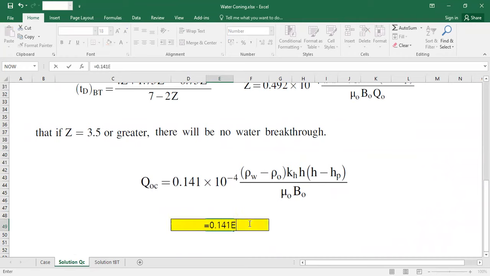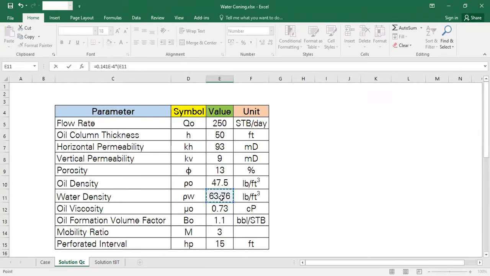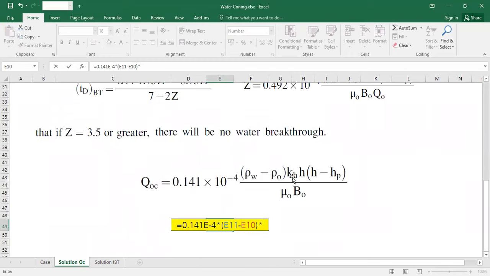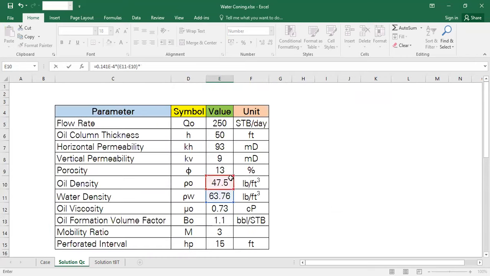0.141 e to the power of minus 4 multiplied by the density difference, water density minus oil density, multiplied by kH, horizontal permeability, multiplied by thickness, multiplied by the difference between thickness and perforated interval. So let's multiply it first with the horizontal permeability and then the oil column thickness and then the gap, the difference between the oil column thickness, the reservoir thickness minus the HP, perforated interval.